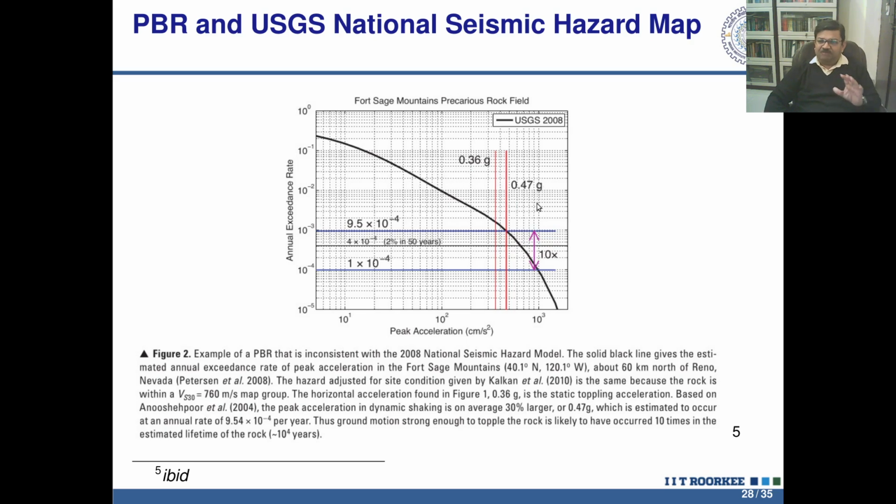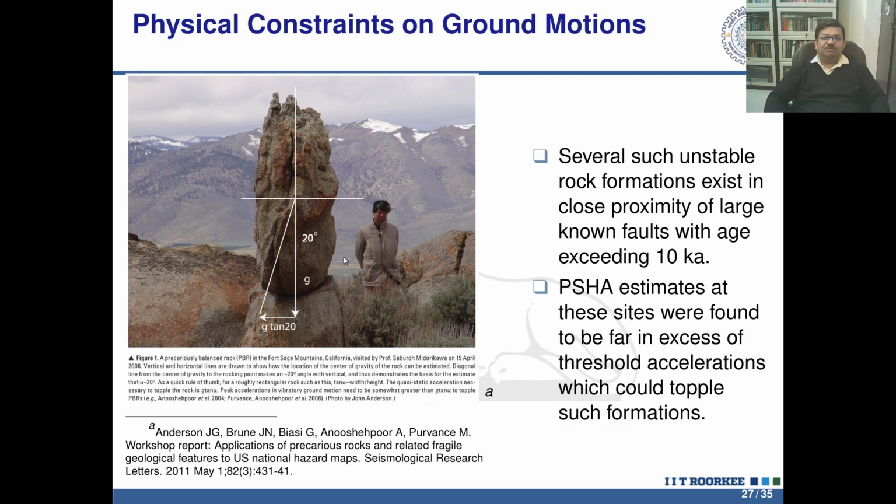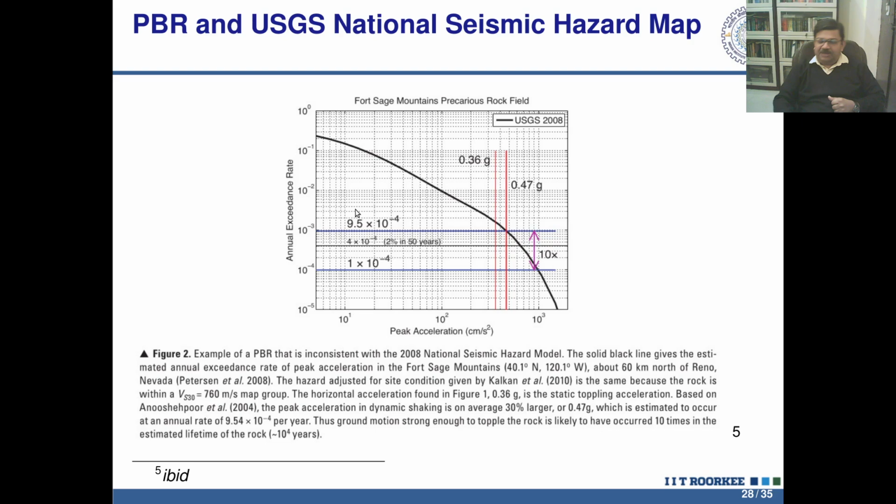And they confirmed this through a number of shake table experiments. They simulated a similar rock mass and then tested it on a shake table to see at what acceleration it will topple. And they found that it is about 30% higher than what is worked out using the static push test.